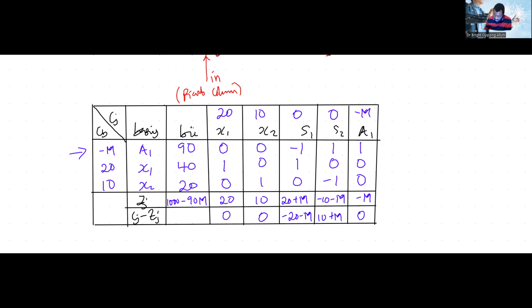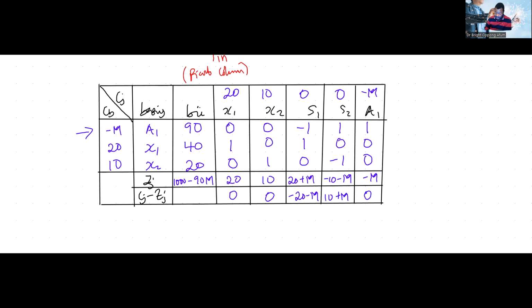A1 is also in solution, right? Good. So here, do we have a better solution? Yes. How? There is a positive contribution from S2 entering into the solution. That is Cj minus Zj, because this one is positive. That is the pivot column, right? So S2 will be entering into the basic solution, and which one goes out?